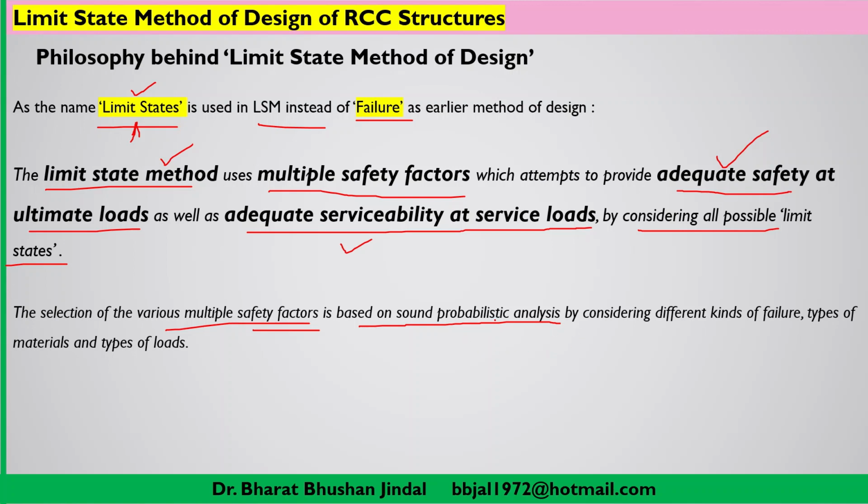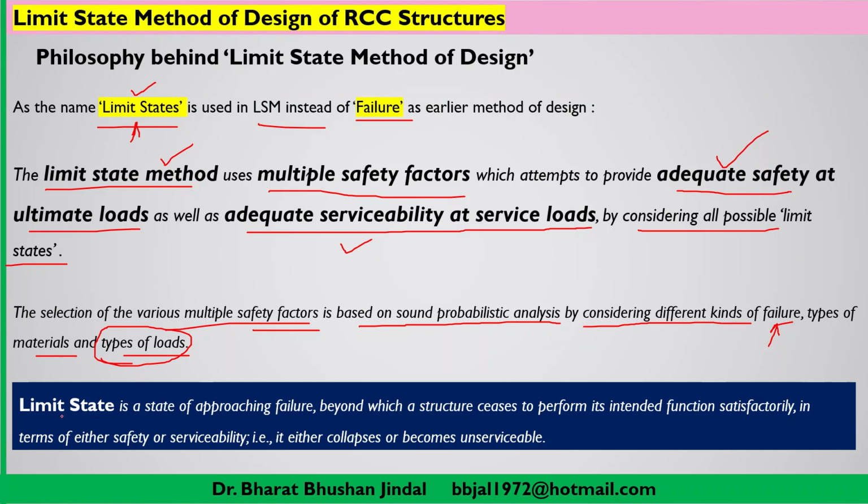That means the values are worked out on probability analysis by considering different kinds of failures, different types of material, and different types of loads. Based on the type of failure, the type of material, and the type of loads, we will select the safety factor. In the working stress method, we were not talking about the type of loads. There was no safety factor, or factor of safety, for loads.